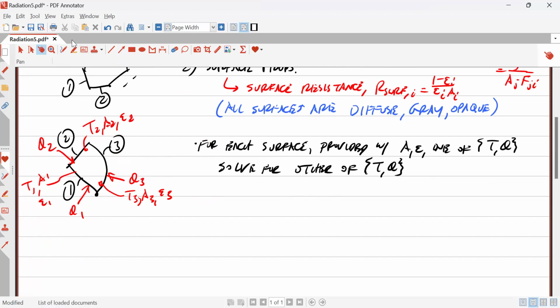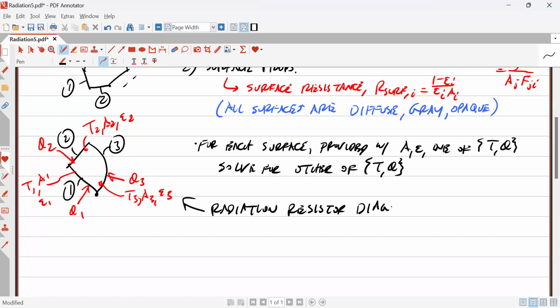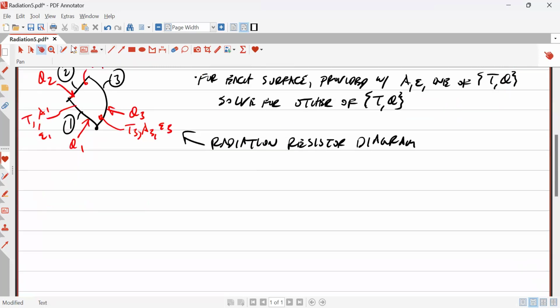All right, so let's show you how this radiation resistor network diagram maps out for this particular example. The way it works is you start with a node that corresponds to the surface, and this will be your black body emissive power.